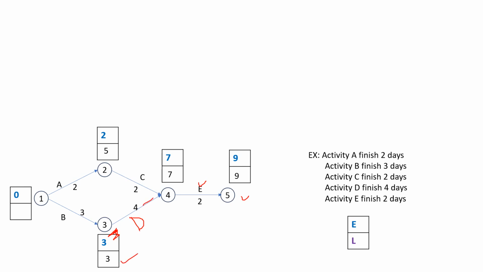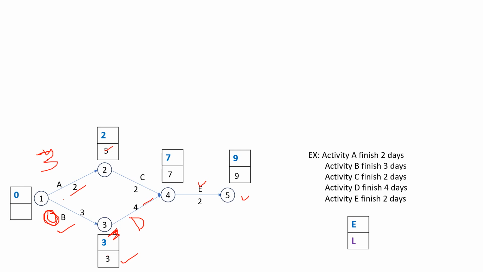Next we have to determine the latest starting time at event 1, which is 5 minus 2 will become 3, and 3 minus 3 is 0. Now once again a question is raised: among 3 and 0, which one do we consider as the latest start time for event 1?